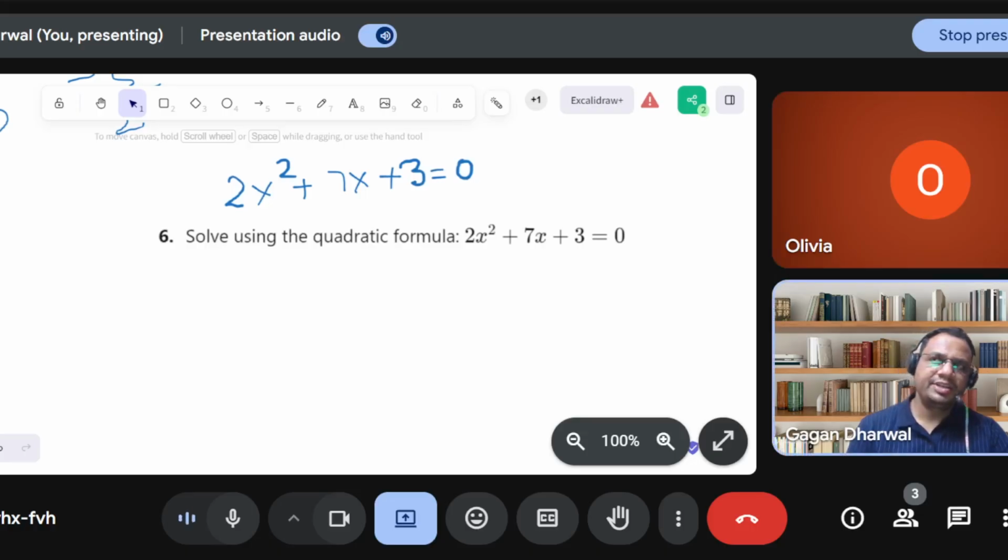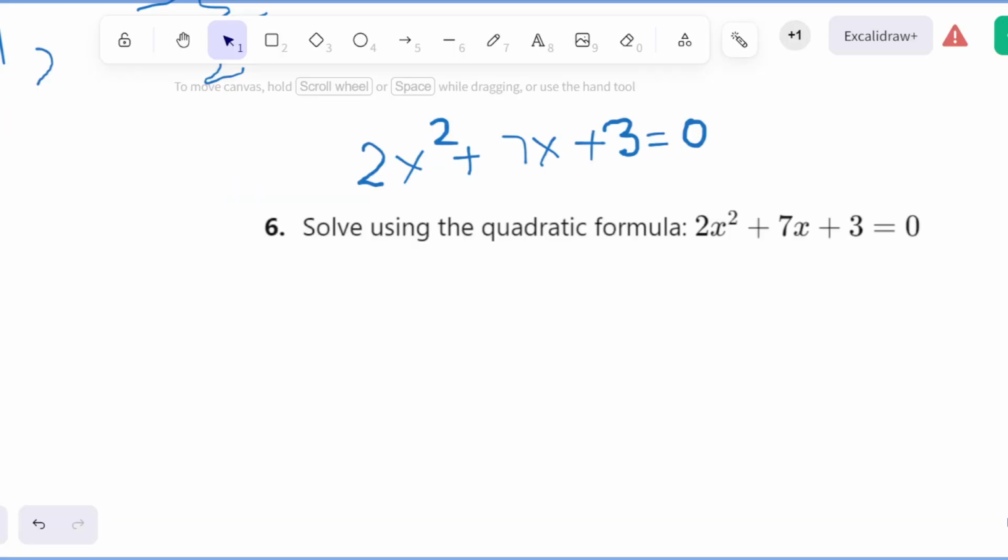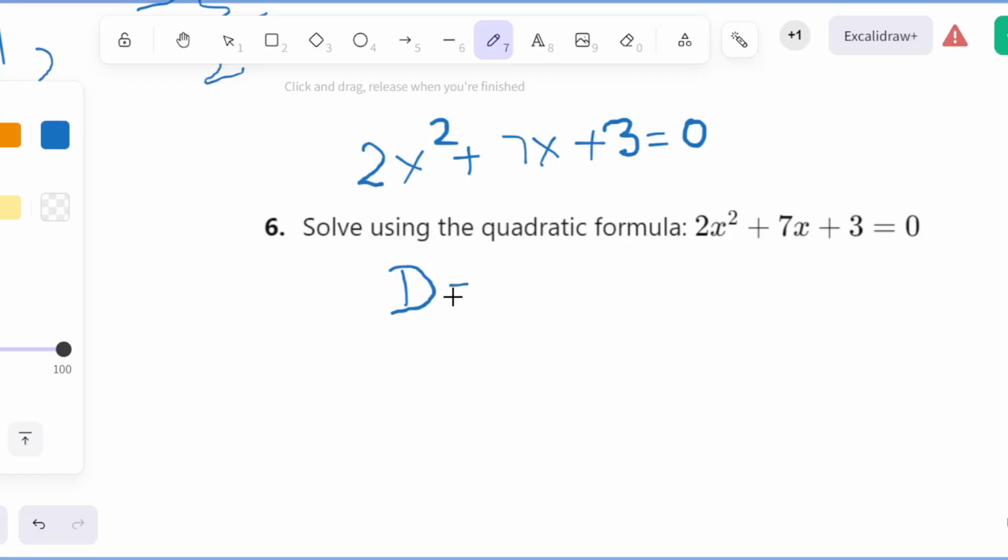So what is a discriminant? Discriminant is b² − 4ac. You can write the discriminant as capital D. You should know that the discriminant is b² − 4ac. If the discriminant is greater than 0, you get real and distinct values of x.